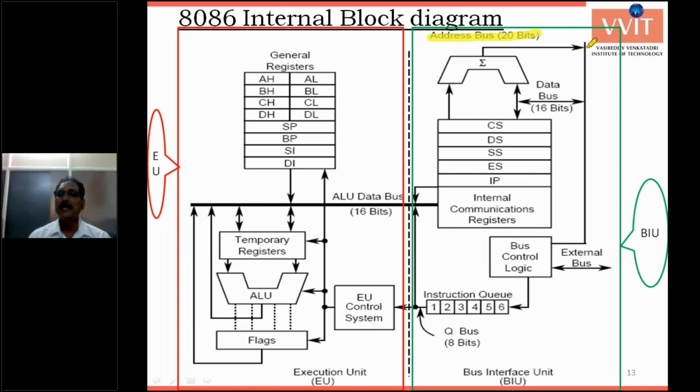We get the 20-bit address, access that memory location, read the content and load it into the instruction. How to generate 20 bits?